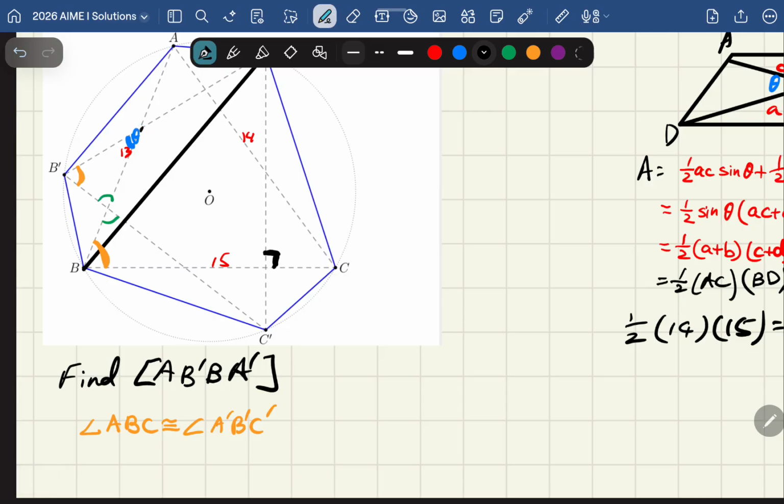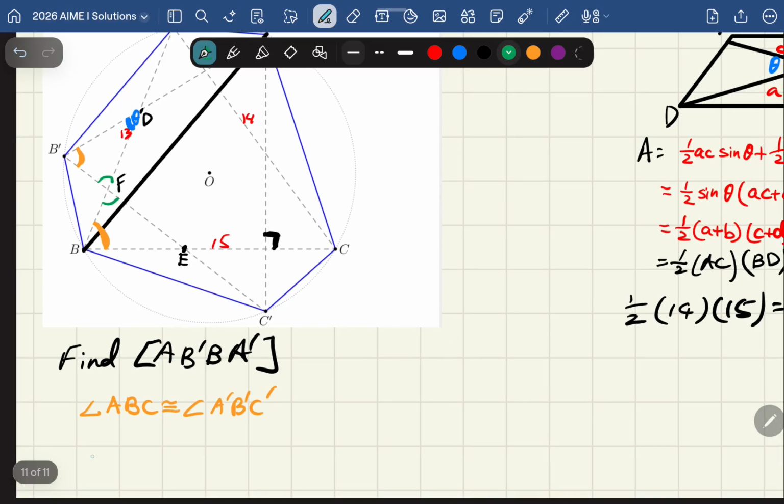Let's call it D. And this point seems important too, so let's call that E. Oh wait, call this F. So as you can see, angle B prime FD is congruent to angle BFE by vertical angles.